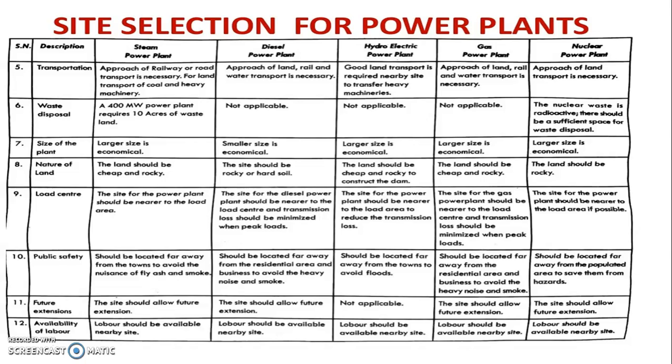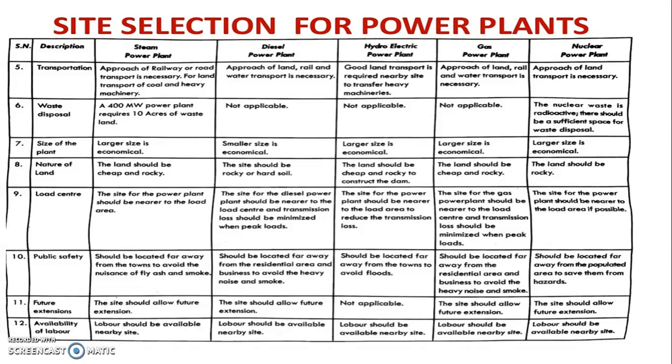Next, public safety. A steam power plant should be located far away from towns to avoid the nuisance of fly ash and smoke. A nuclear power plant should be located far away from populated areas to save them from hazards. A gas power plant should be located far away from residential areas and businesses to avoid heavy noise and smoke.